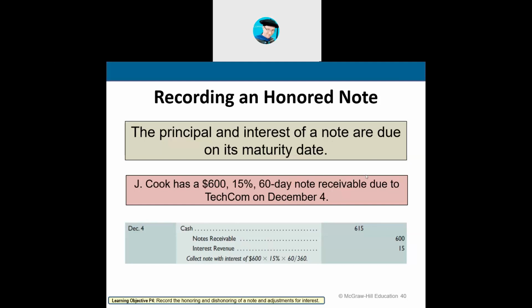So we debit cash $615. We credit note receivable $600, and we credit interest revenue $15. As a reminder, interest revenue is a revenue account, like a sales account, and we're receiving $15 in interest.